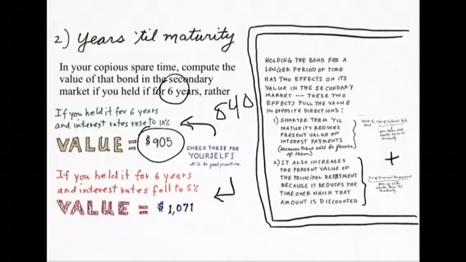years. But when interest rates fell to 5%, the value of the bond rose only to $1,071 rather than the $1,129, as in the case where the years till maturity was 8.